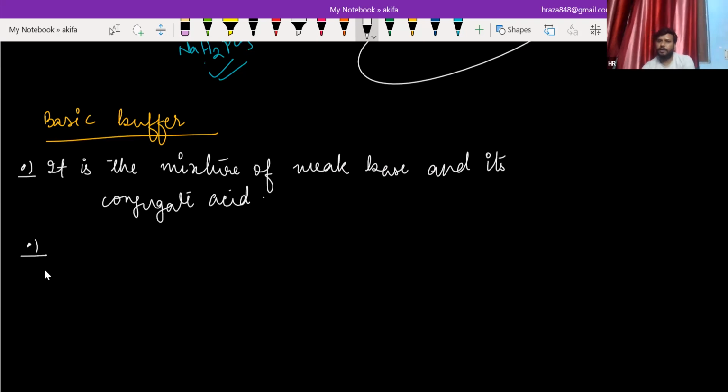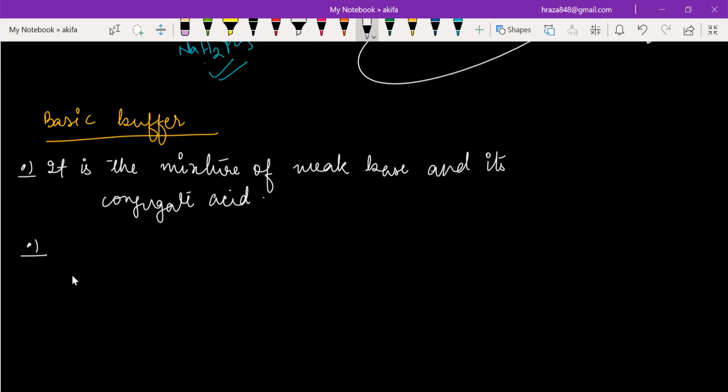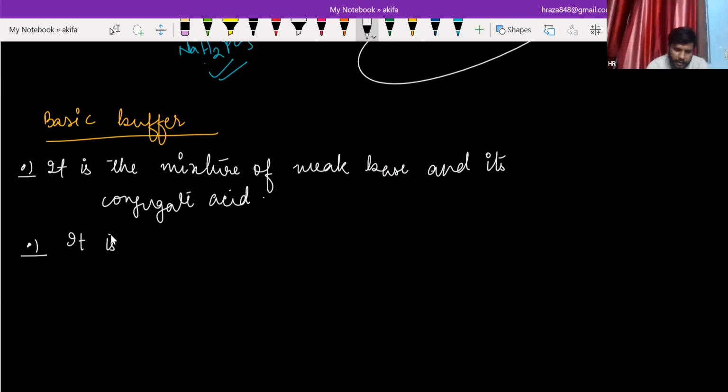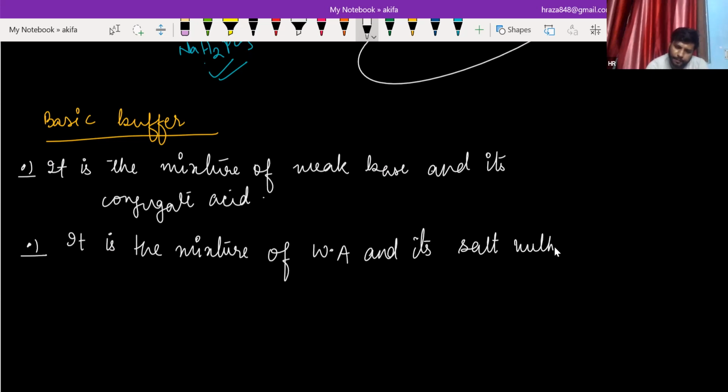And what is the conjugate acid? You just have to add H plus. Are you getting my point? Now the other definition is, it is the mixture of a weak base and its salt with a strong acid.